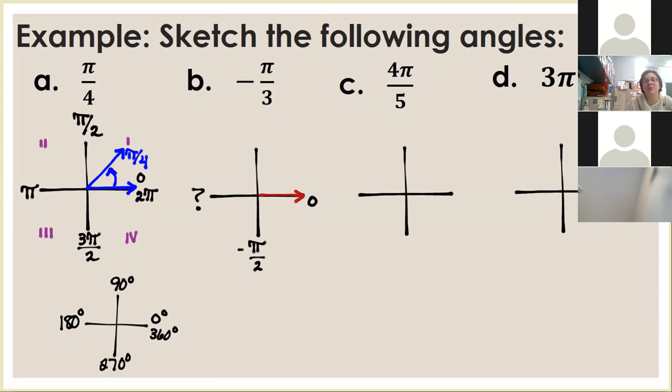What are we going to have over on the negative x-axis? Negative pi. Up at the top, positive y-axis. Negative 3 pi over 2, yep.